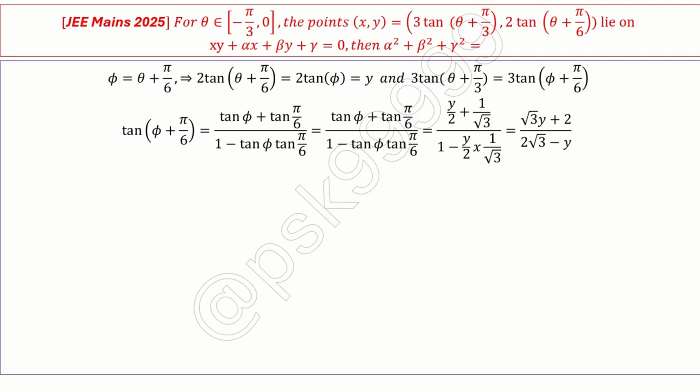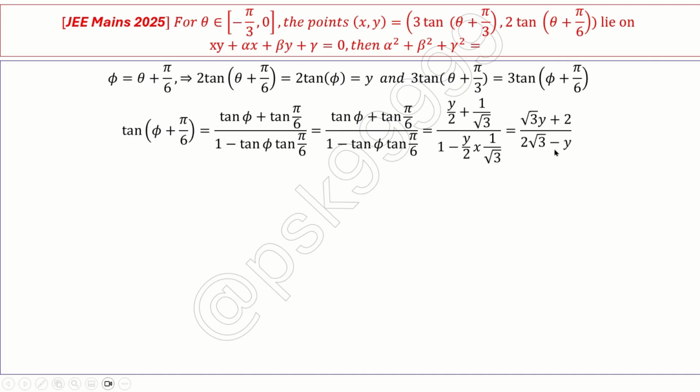Now tan(phi plus pi by 6), if I expand it, is tan phi plus tan pi by 6 divided by 1 minus tan phi tan pi by 6. Tan phi is nothing but y by 2. So it is y by 2 plus 1 by root 3 divided by 1 minus (y by 2) into (1 by root 3).